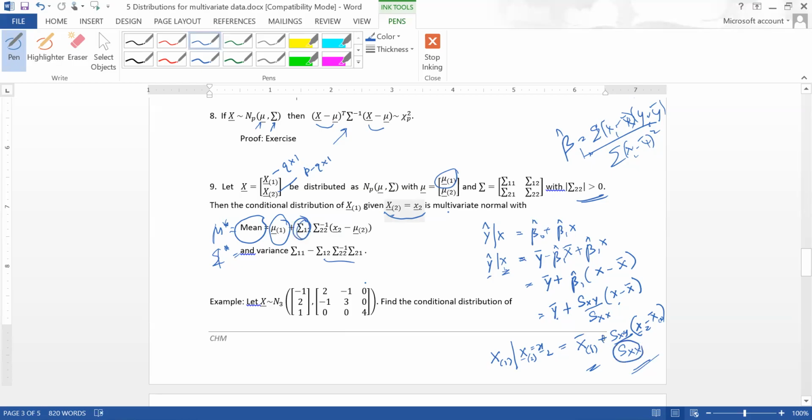I had to change these x's and y's also. So Sxx means x is x2, and that's why we have sigma 2,2 inverse. That Sxx part comes up as the inverse. Then x2, that means the given value, minus mu2, the mean of the second given variable, right? So it's exactly the same form as in simple linear regression, when the x values are given, how to find y values.